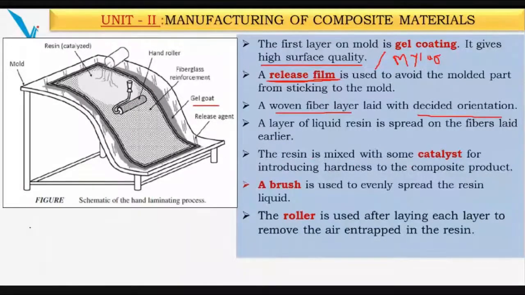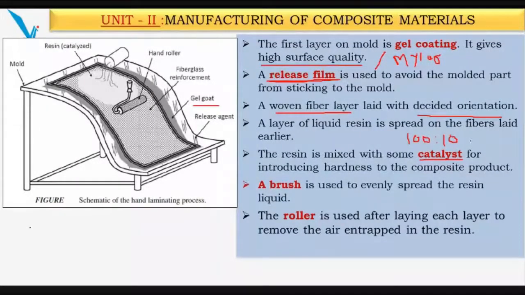Here you need to take care that the catalyst and accelerator are mixed in the resin system as per the proportions. Generally for epoxy, the ratio of resin to hardener is 100:10.